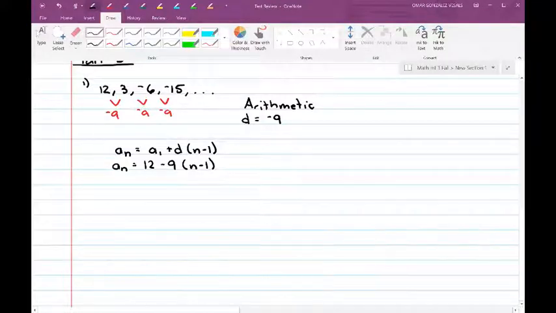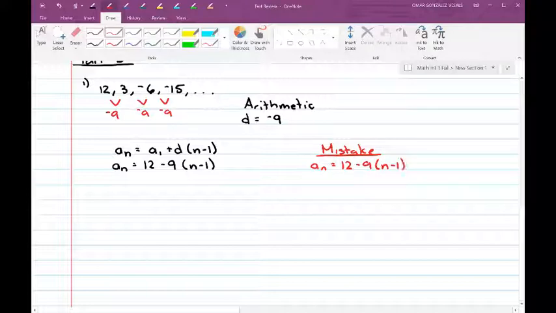This is where the mistakes happened. I'm going to write it over here. I'm going to put it in red so that it makes sense. This is a mistake. This was the most common mistake I saw with this. When you had your explicit, which was 12 minus 9 times n minus 1, and you guys distributed, you did the following: 12 minus 9n minus 9.